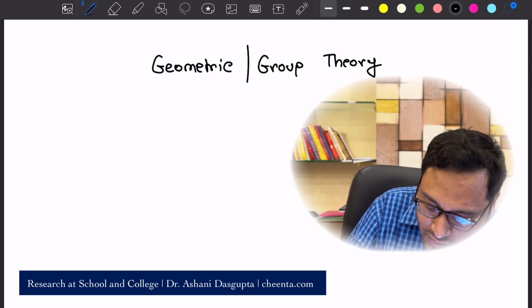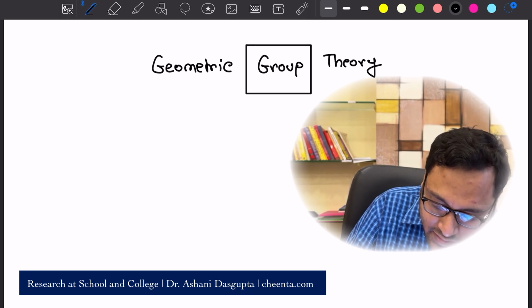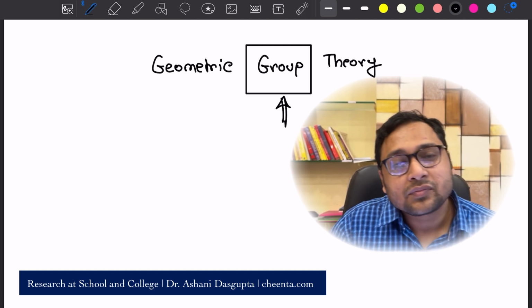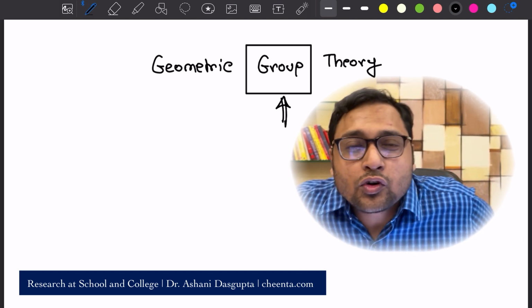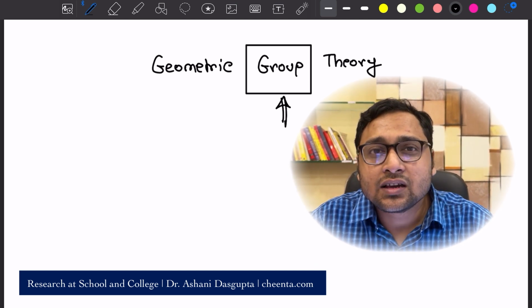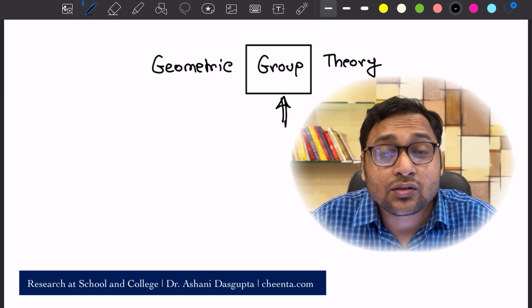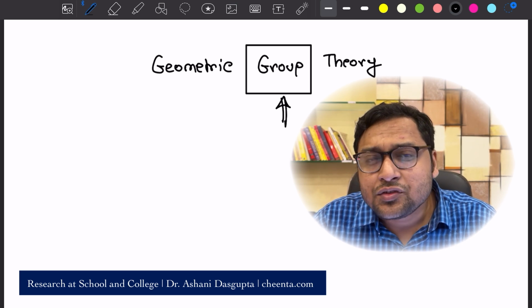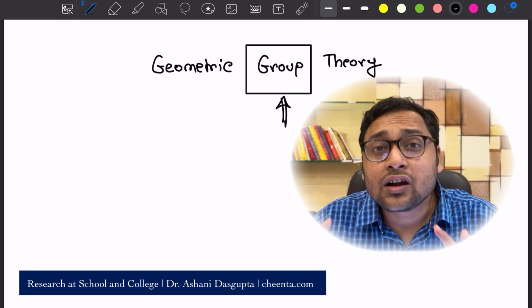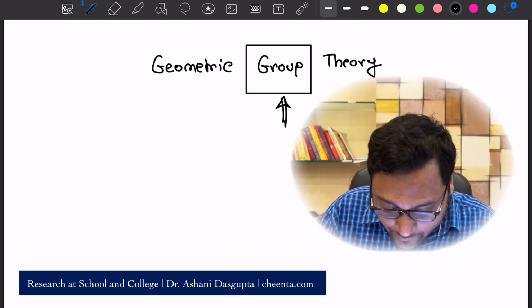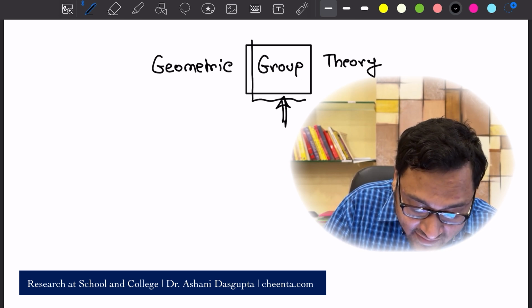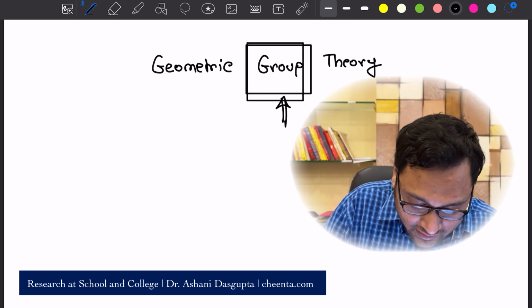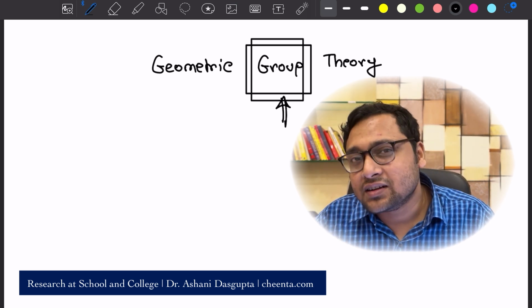So, the word group, let's look at that first, because if you are working on Mathematical Olympiads or ISI-CMI Entrances or Physics Olympiads, even Computer Science Olympiads, you may have seen a group. Well, it is not taught at the school level for sure, but I have said this repeatedly.